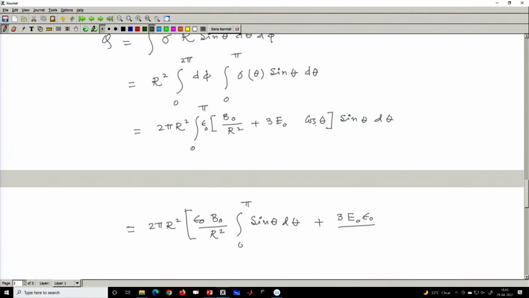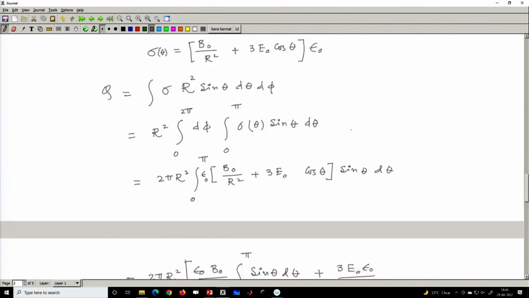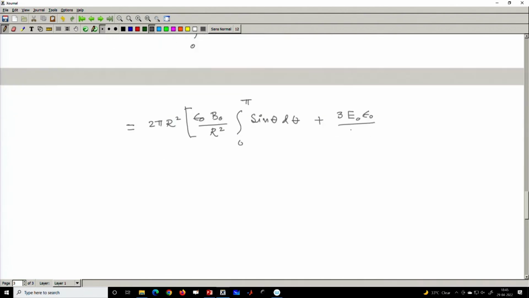Here we have cos theta sin theta, so we can write it as divided by 2, and then it becomes sin 2 theta, and if I make d of 2 theta, then another 2 I will put here, integration 0 to pi.